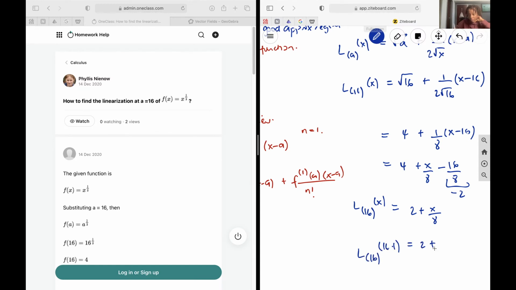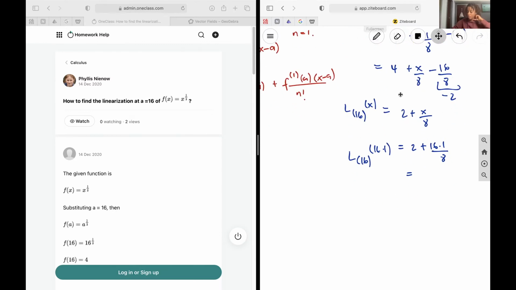It's going to be 2 plus 16.1 over 8. And this is going to give us 4.0125. So this is our approximation of what the function is going to be.